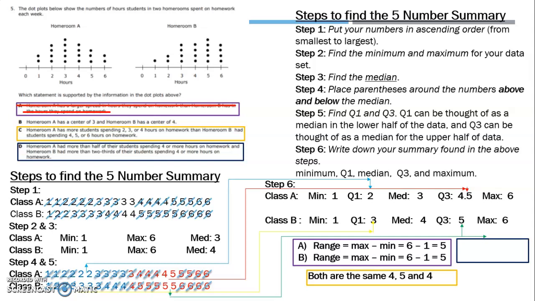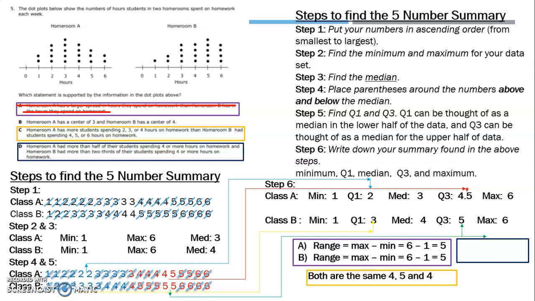The next one says that B had more than 2/3 are 4 or more hours. So 1, 2, 3, 4, 5, 6, 7, 8, 9, 10, 11, 12, 13 out of 20. 13 out of 20 does not reduce, but I know that 2/3 comes out to 66.